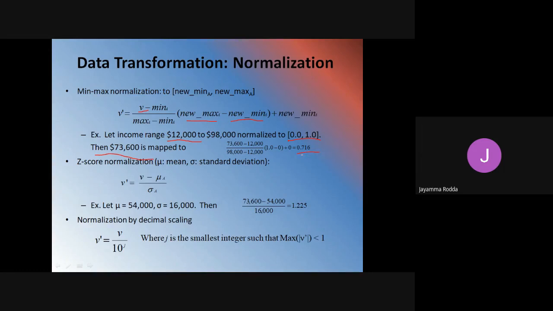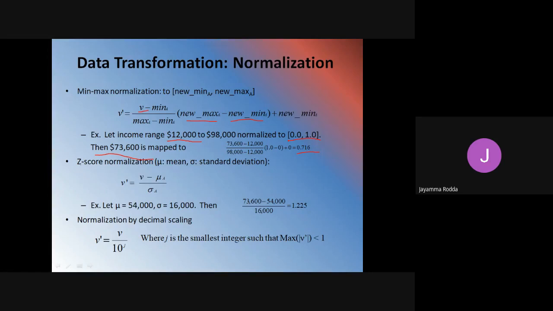So for the data integration or for the data transformation, this min-max normalization will preserve the original values, and any value that is beyond this range will be eliminated, considering it is an erroneous value.